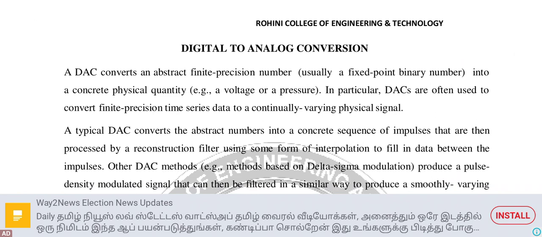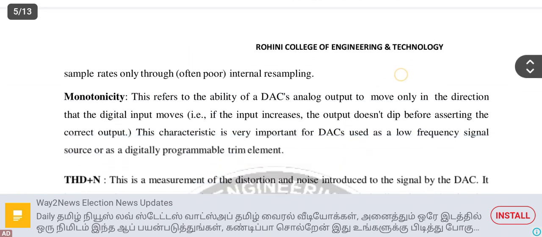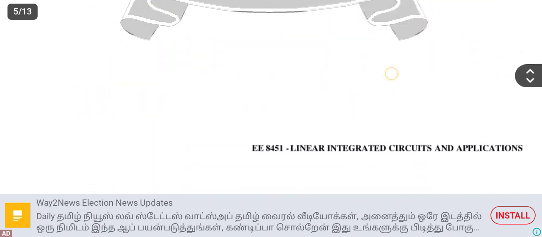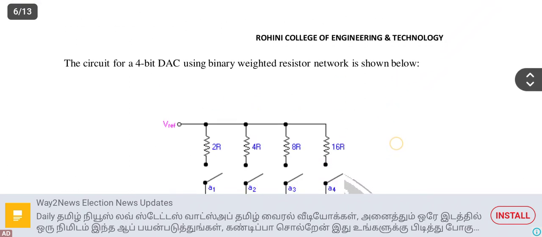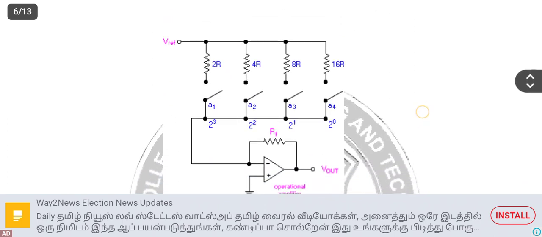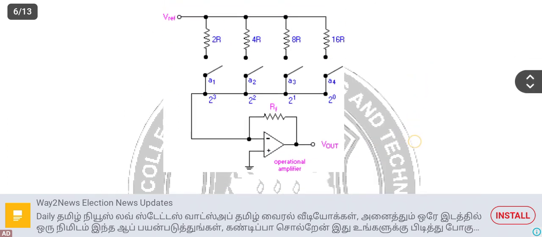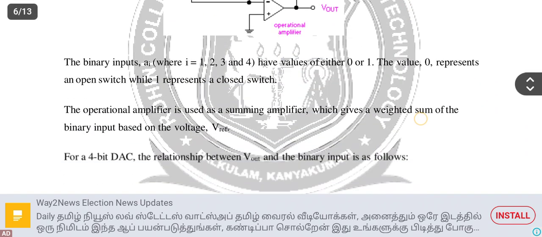Some of the digital to analog converters are: the first one is binary weighted resistor type of DAC. Here the digital to analog conversion is done by means of weighted average of resistors.